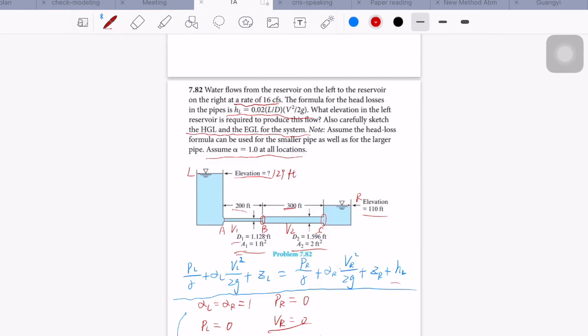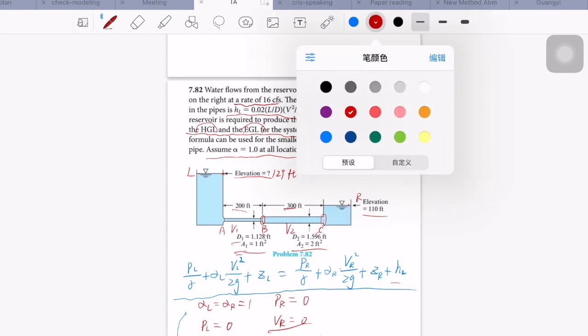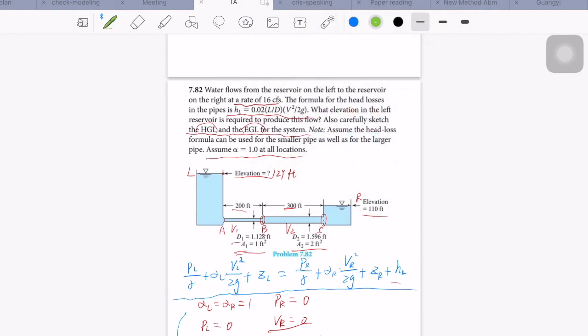And then we need to sketch the HGL and EGL. Let me sketch the EGL first. I use another color, maybe the green.